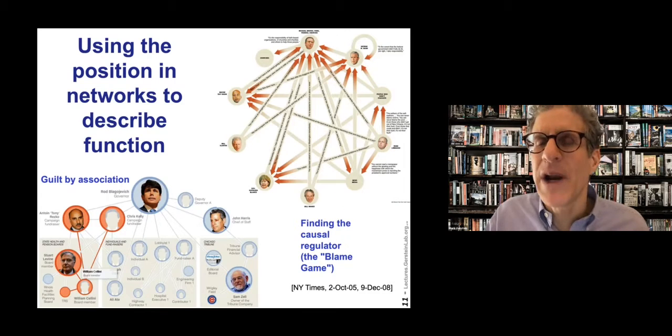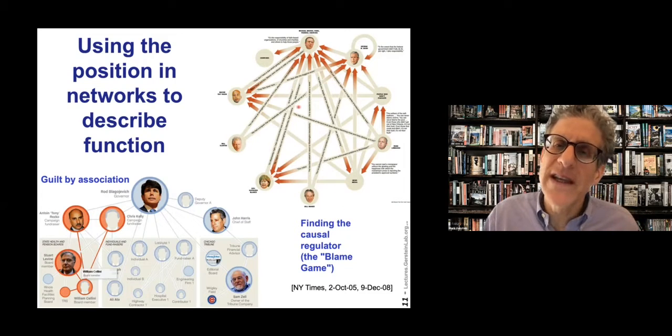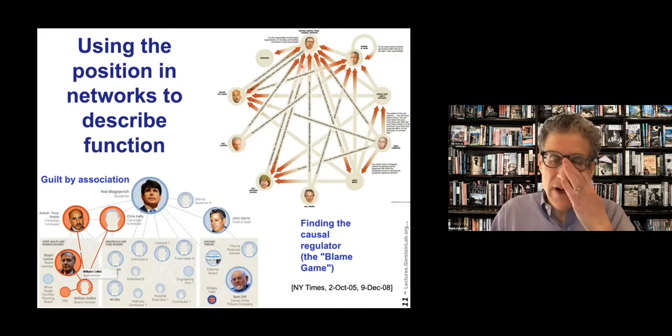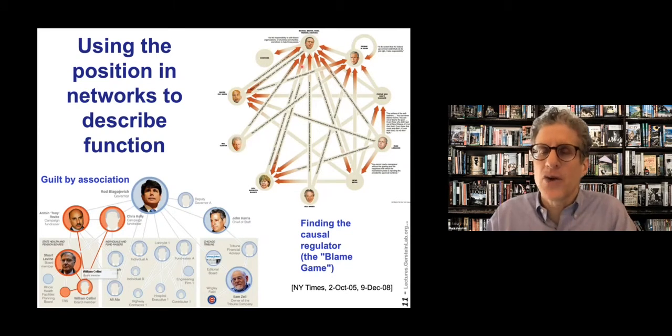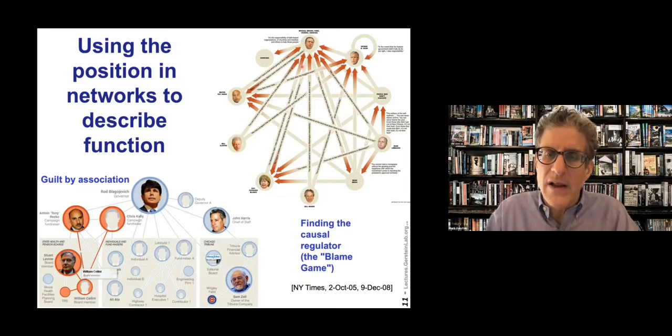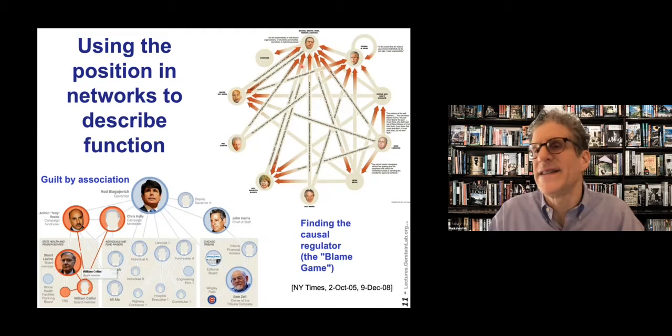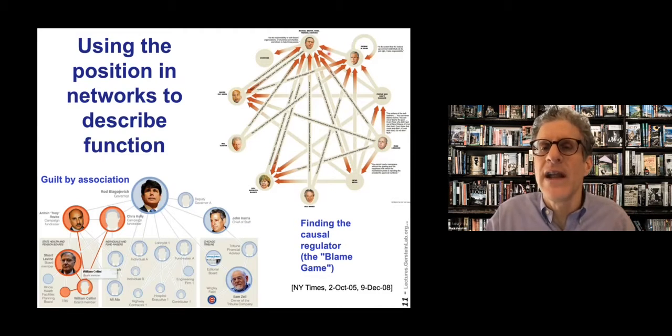That's nice. But I guess the key thing is if you look at these arrows, you get the notion of looking at where all the blame is going towards identifying the causal factor, the causal regulator in this disaster, whatever happened here. Now, you might say, well, that's obvious, but think about it.